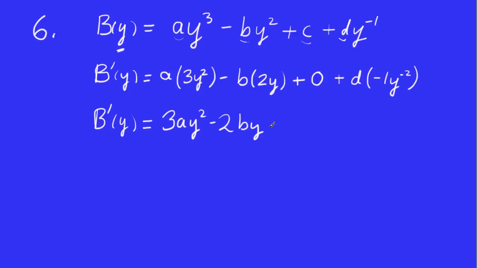This 0 does nothing. We can write this as d over y squared. Okay, so we've practiced finding derivatives of many functions now using our basic rules that we mentioned. But there's more rules yet, and that's going to be the topics of our next videos.